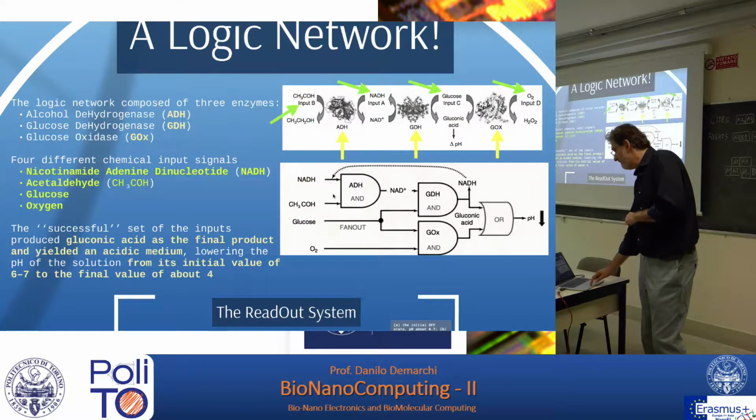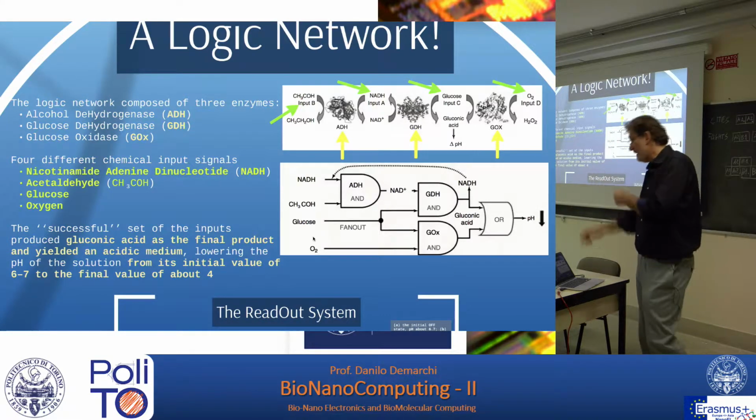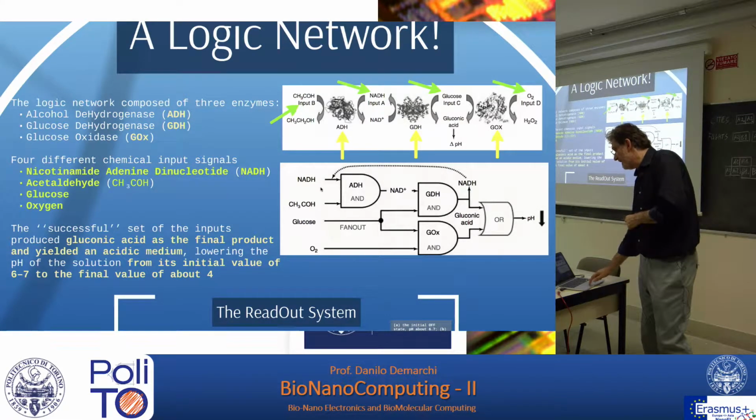So you see, what I was telling you, I use OR, I use AND, exactly in this way. If I have NADH and acetaldehyde with ADH presence, of course, I do an AND of these two, and I produce NAD+, but NAD+ is in AND with the presence of glucose.